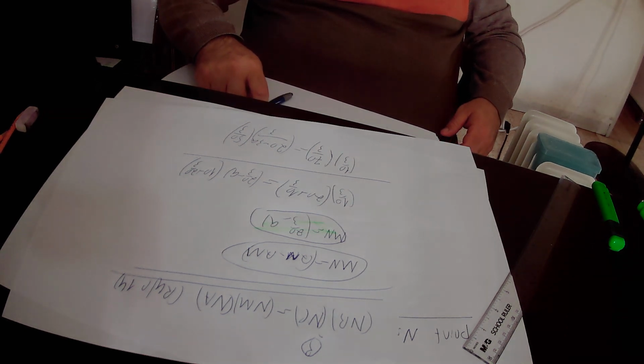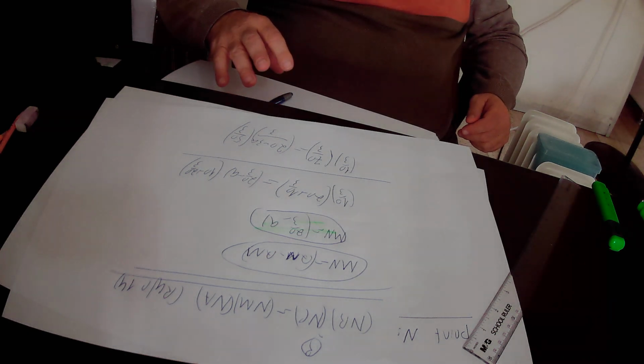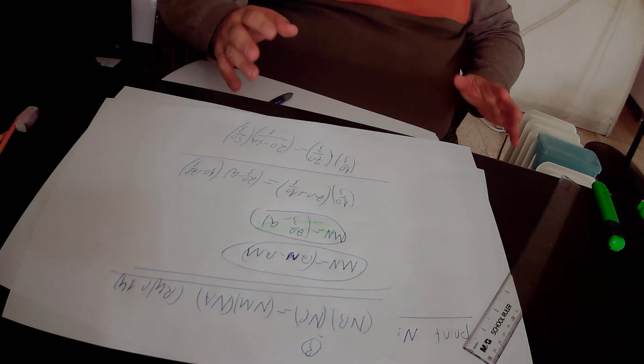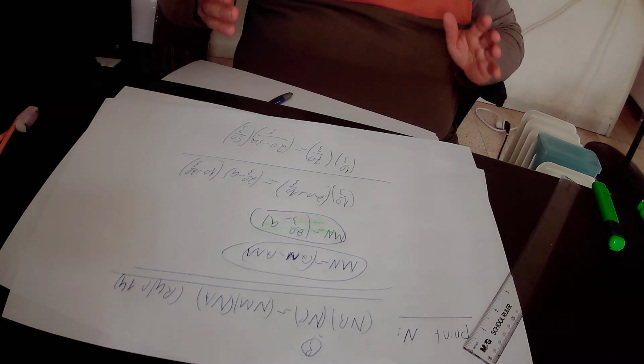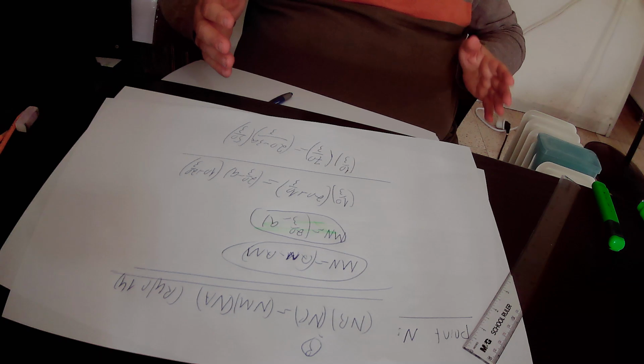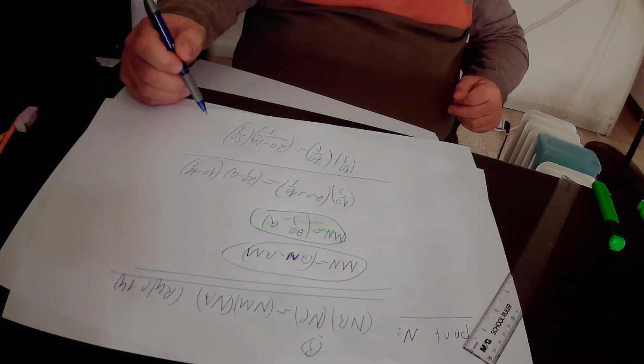So on both sides of the equation, in the denominator we have 3 times 3. 3 times 3 is 9, so we multiply this equation by 9 in order to cancel the denominator on both sides of the equation.